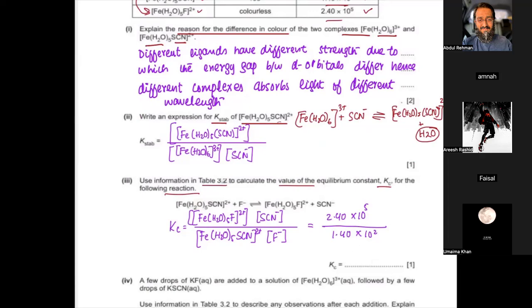Shahir, it's 1.71 exponent 3. Can anyone cross check it? I just want to be sure that no one made any mistake.